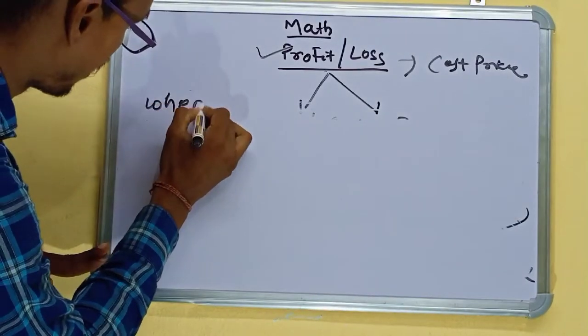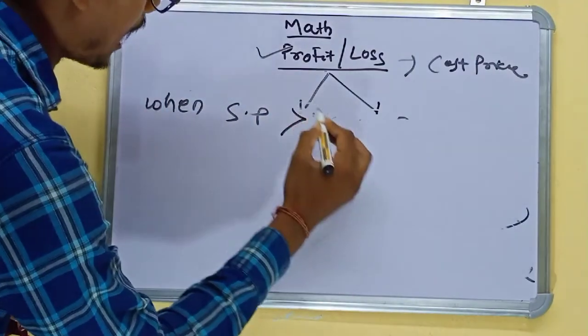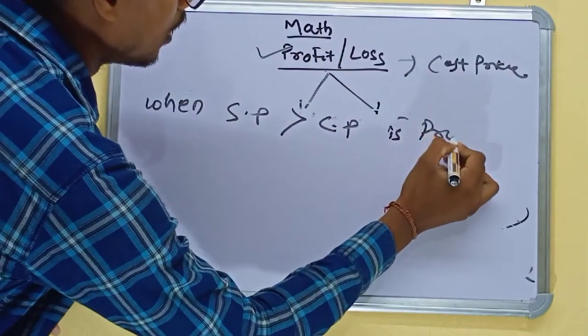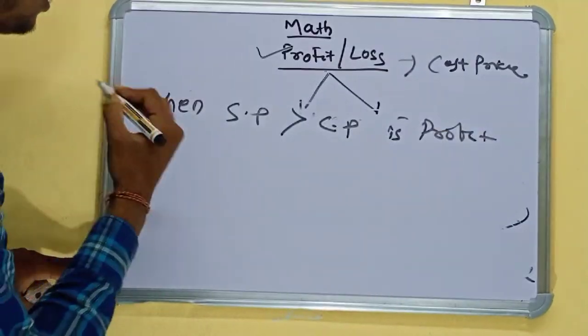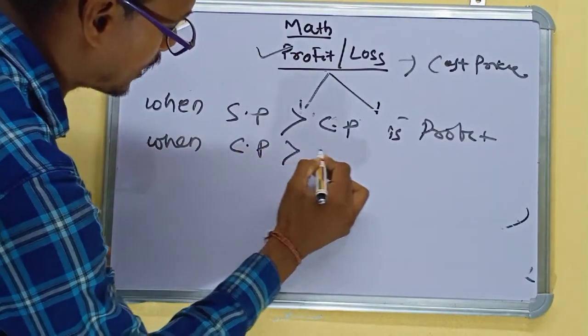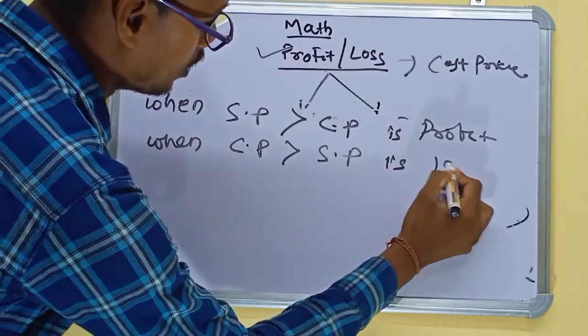When SP is greater than CP, it is profit. When CP is greater than SP, it is loss.